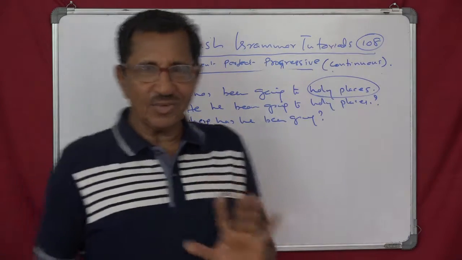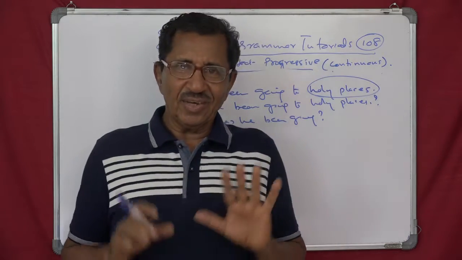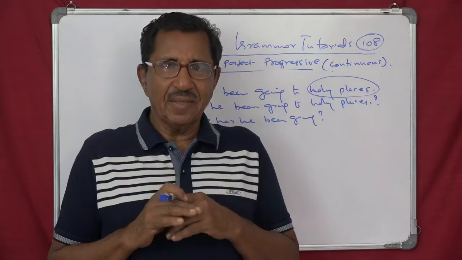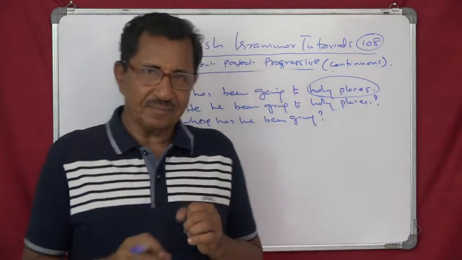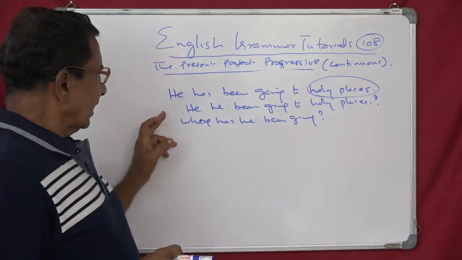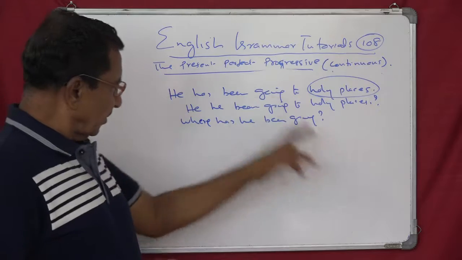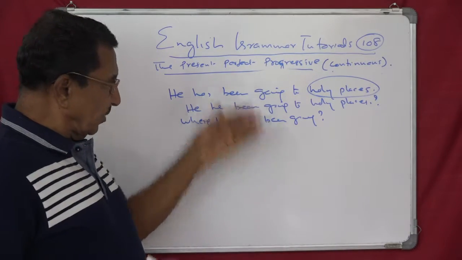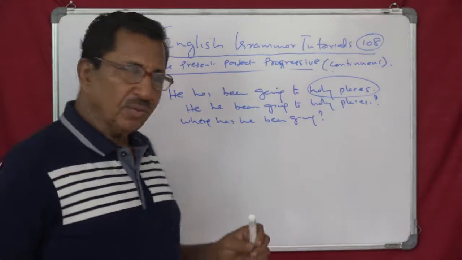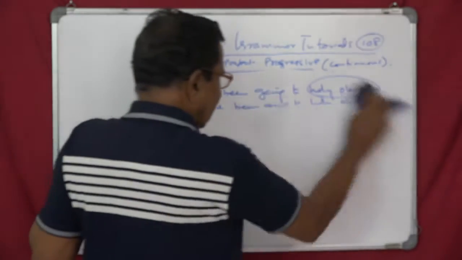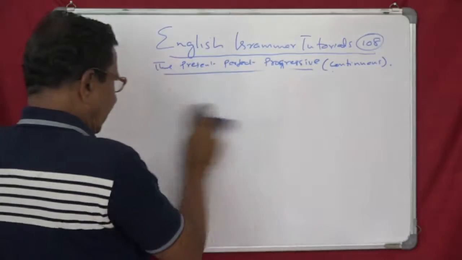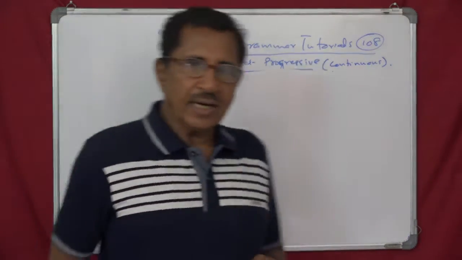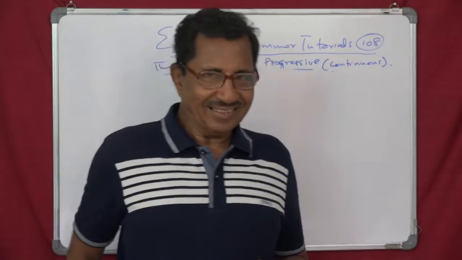Finally, I want just to show you that all these sentences start from the mother sentence. Mother sentence is the basic sentence. As in this case, he has been going to, has he been going to, where has he been going to? And suppose you get where has he been going to, then you should be able to roll back also, isn't it? I will give you an example for that also, so that it becomes easier for you when you do direct speech and indirect speech. Understand?